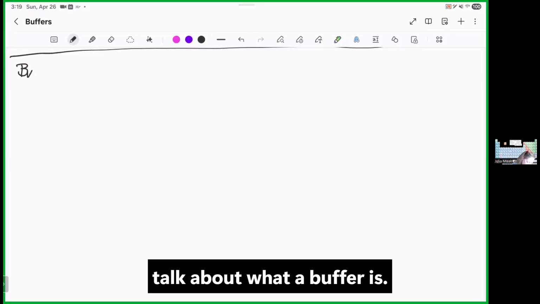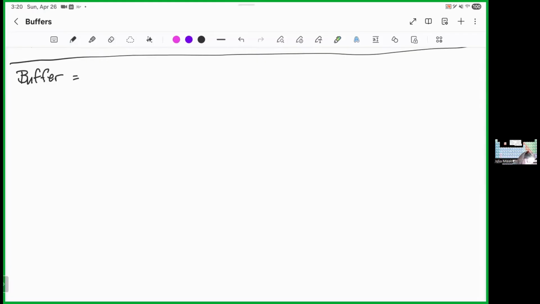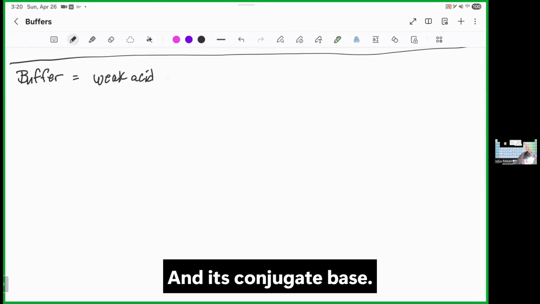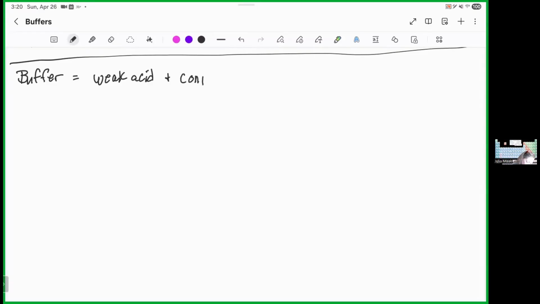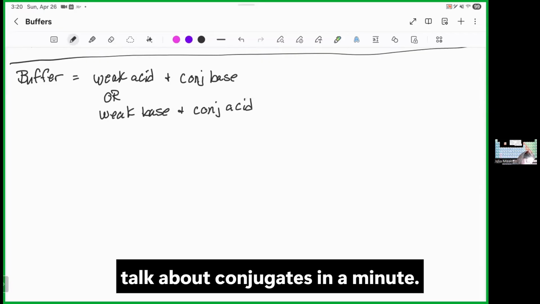Okay, so first I'm going to talk about what a buffer is. A buffer is a weak acid and its conjugate base, or a weak base and its conjugate acid. I will talk about conjugates in a minute.